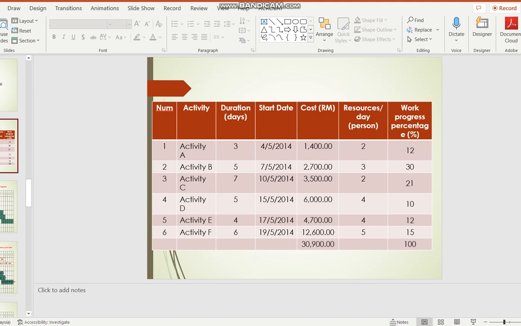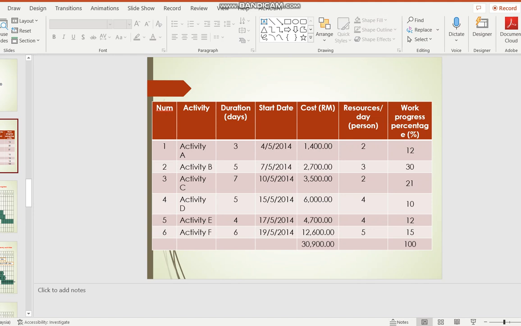Let's say you're going to be renting machines for 10 months, and this particular activity is going to take 3 months of it already. From there, you gauge the work progress percentage. There's nothing wrong if one person says it's 11, another says it's 20, another says it's 15. It's just a matter of planning. And of course, the client has to agree with your planning as well. So like I said, the basis of it is like this.